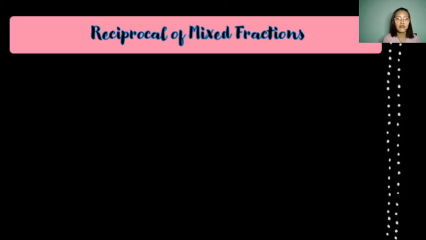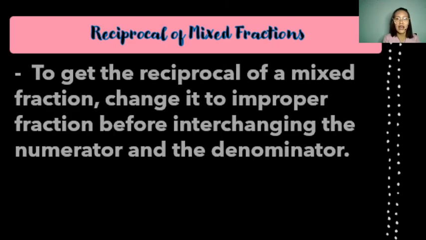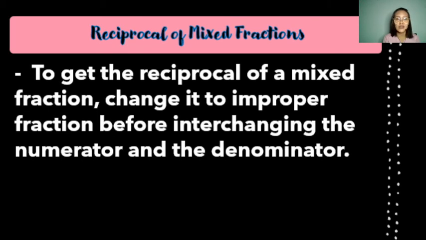Now, what if we have a mixed fraction? If we have a mixed fraction, change it to improper fraction first before interchanging the numerator and the denominator. So, recall how to change mixed fraction to improper para mai-apply natin dito. Again, you have to change mixed fraction to improper fraction first and then tsaka natin kukunin ang kanyang reciprocal.